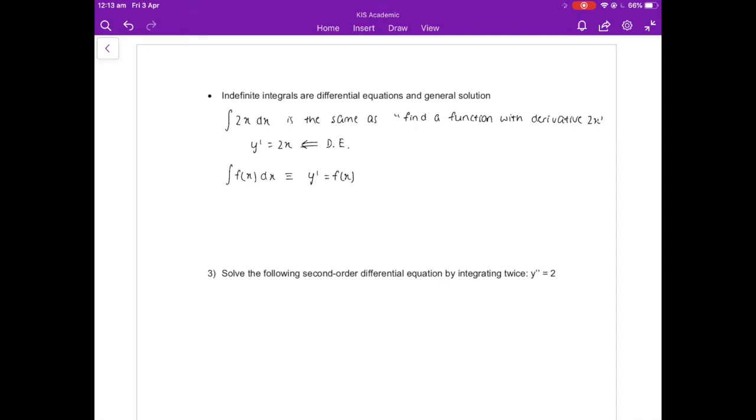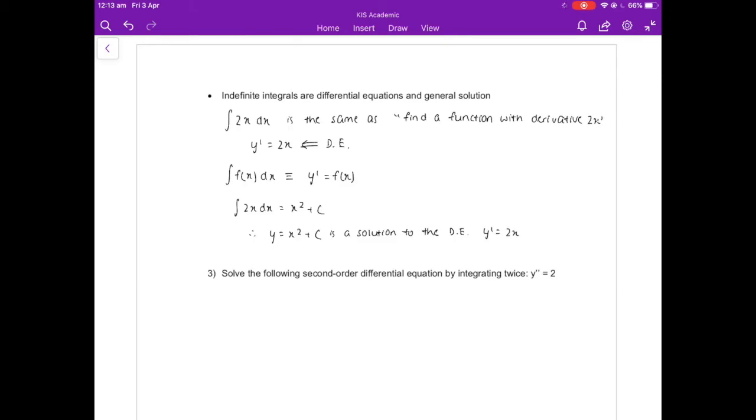And a solution to that would be, if you integrated it, you get x squared plus c. So if we integrate this, we get x squared plus c. Therefore, y equals x squared plus c is a solution to the differential equation y dash equals 2x.